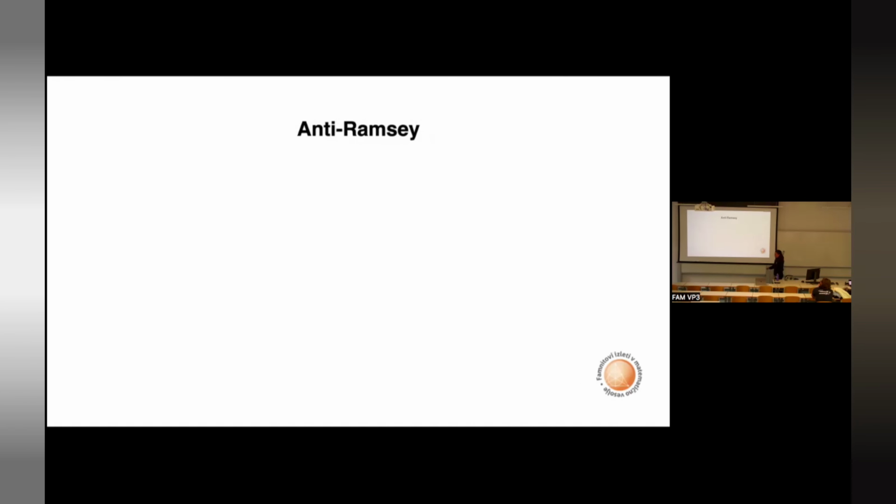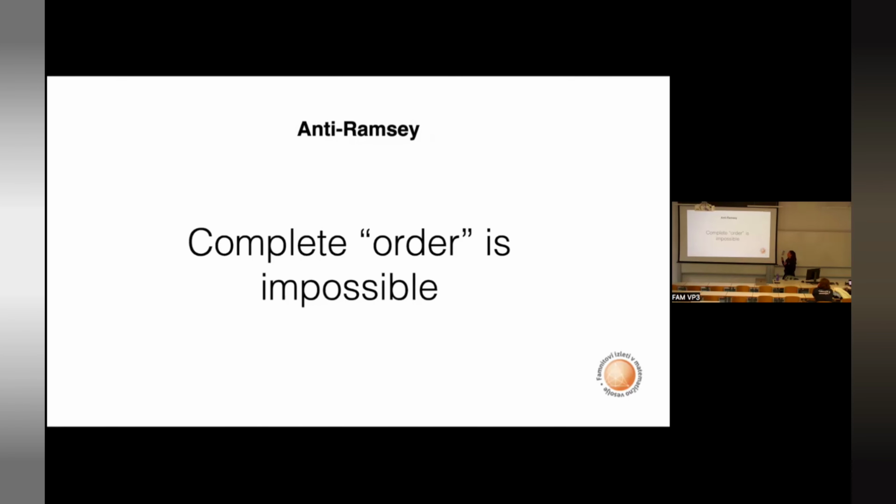And just to mention, the development of Ramsey theory was to try to find some order or some structure. But we also have the anti-Ramsey theory, where mainly the idea is that complete order is impossible. In this case, the feeling for me is that you don't want things that are monochromatic, but you want things with all possible colors, for example.